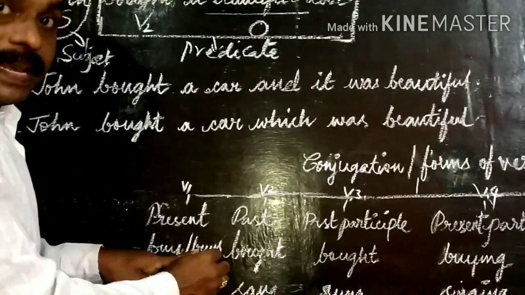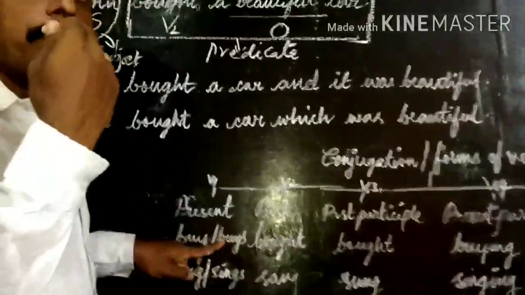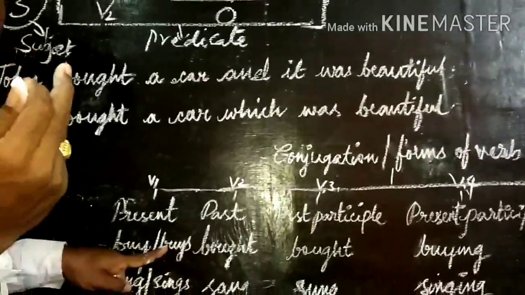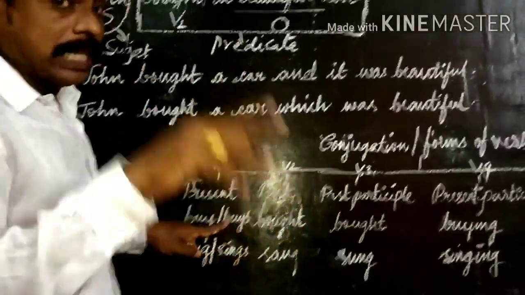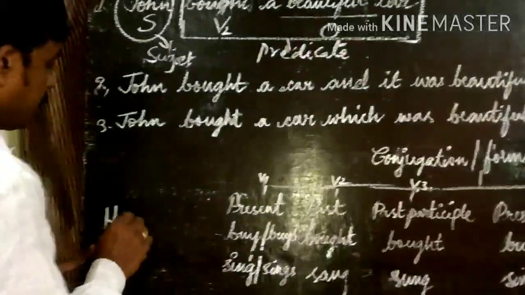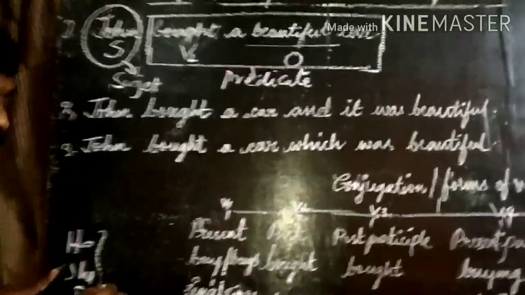Sometimes the verb in present form takes s, es or ies. That form is often used with third person singular: he, she, it, and singular nouns.